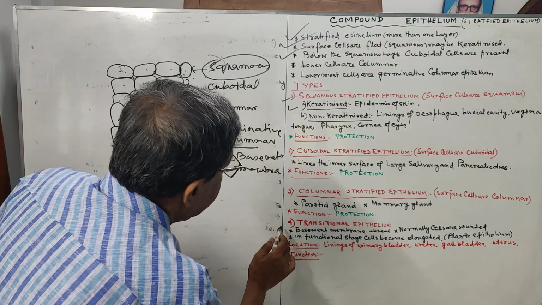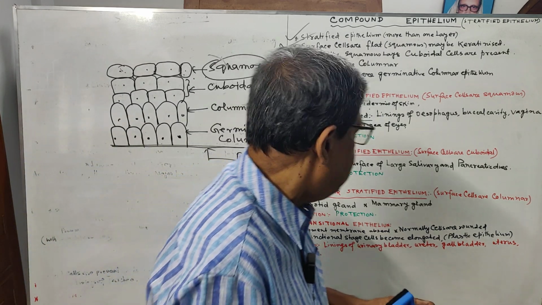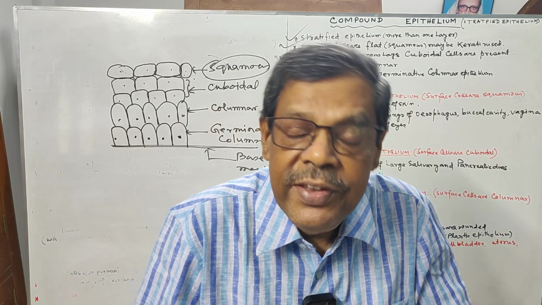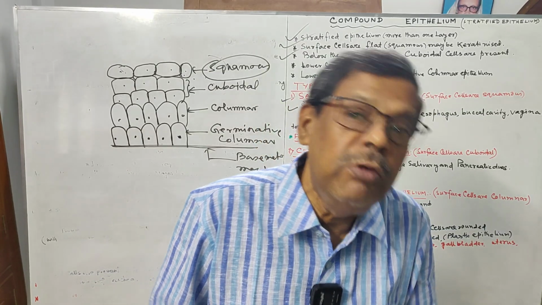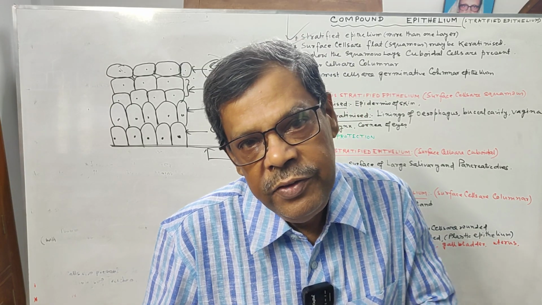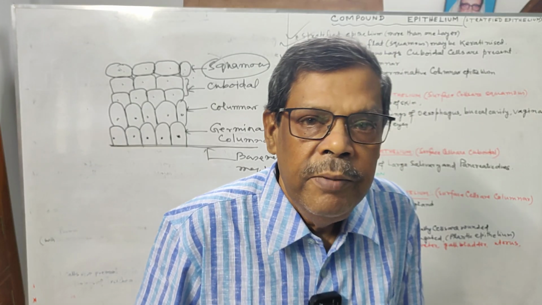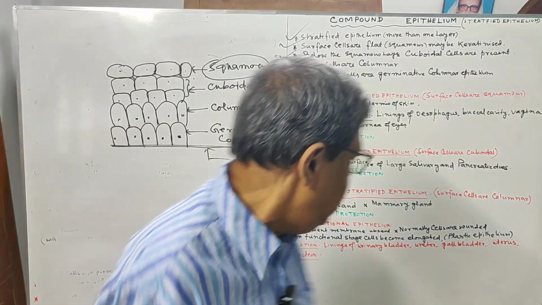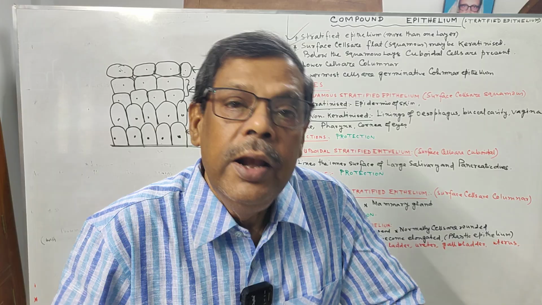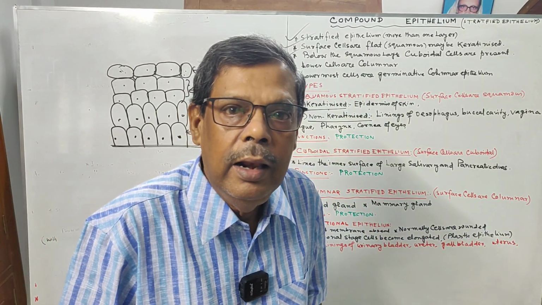Next, there is another kind of epithelial tissue called transitional epithelial tissue. This is a peculiar type of stratified epithelial tissue. In this case, the basement membrane is absent. Normal cells are rounded or oval.